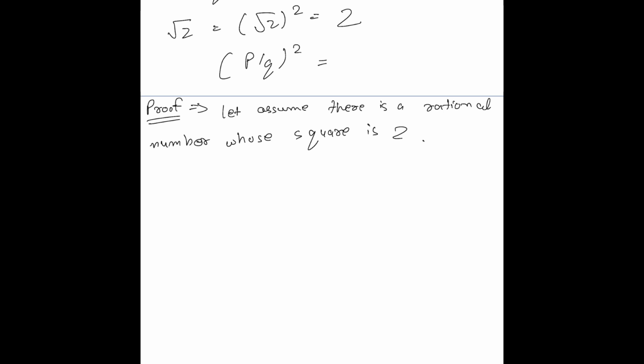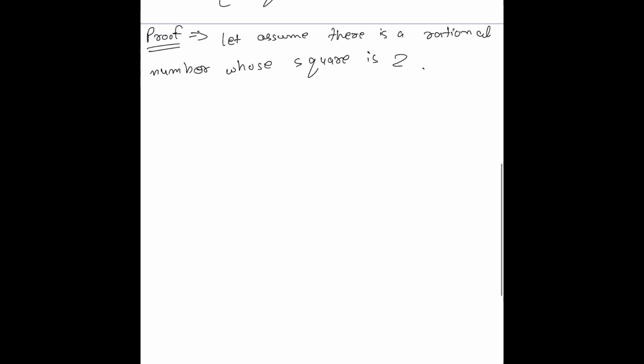If it's a rational number, we can write it in the form of p by q, where q should not be equal to 0 and p, q belong to the integers, right?